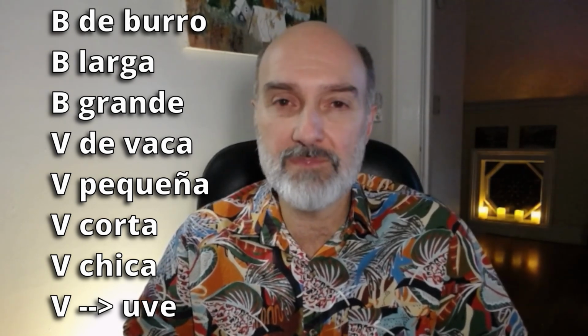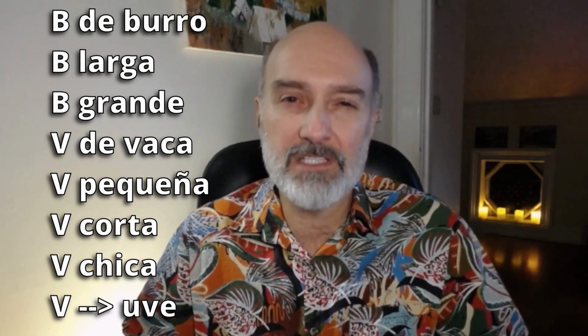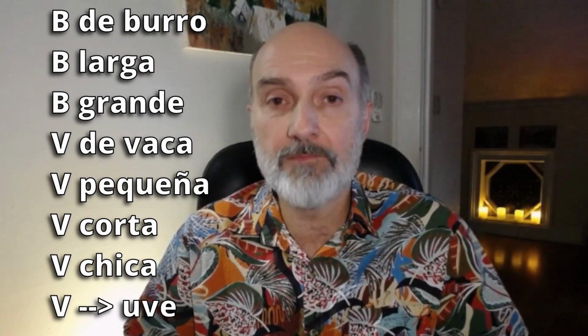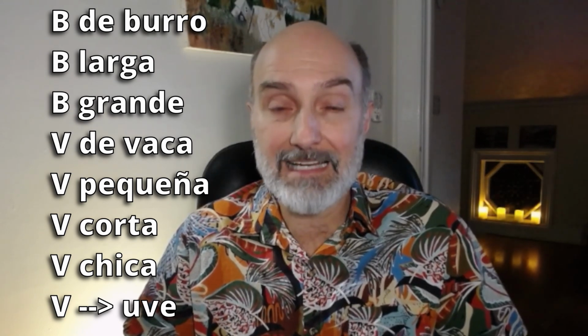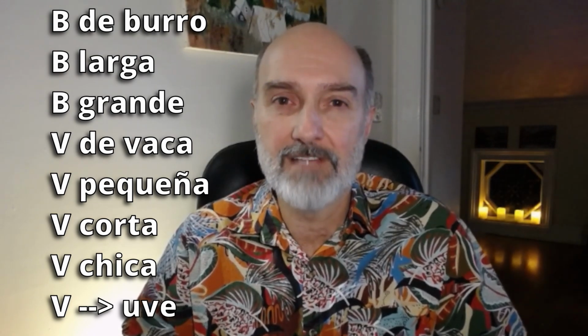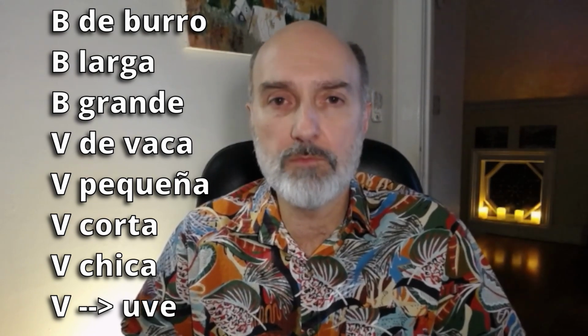I've heard different names depending on the country I'm in. B de burro, B larga. It means long B. Larga doesn't mean large, it means long. It's a false cognate. B larga, long B. B grande, big B. Anything where it's big or long, that's going to be the B, or B de burro.